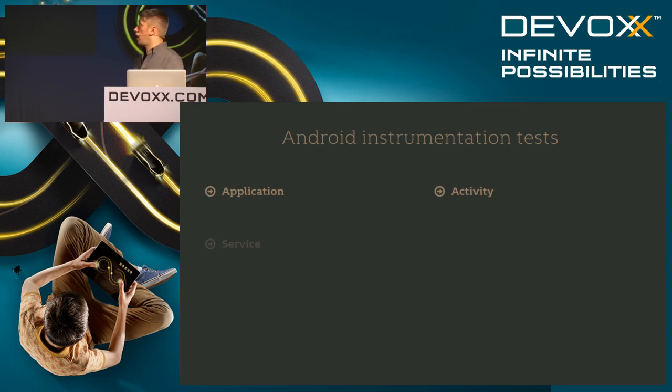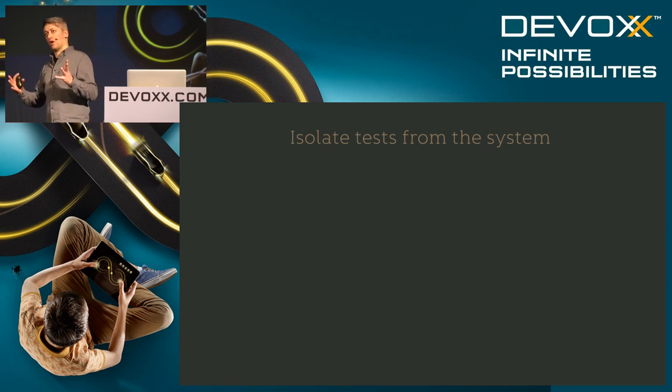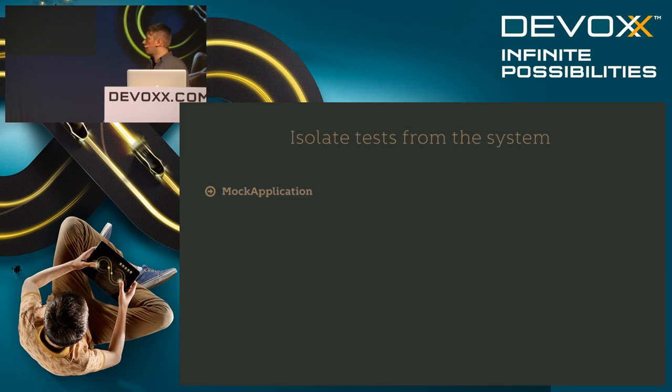So as said, it can really help you. All the main types of Android components that exist can be tested with the instrumentation testing framework. It's also good to know that you can isolate your system under test from the system. For instance, if you do a little bit of Android, you know that context is passed around everywhere.